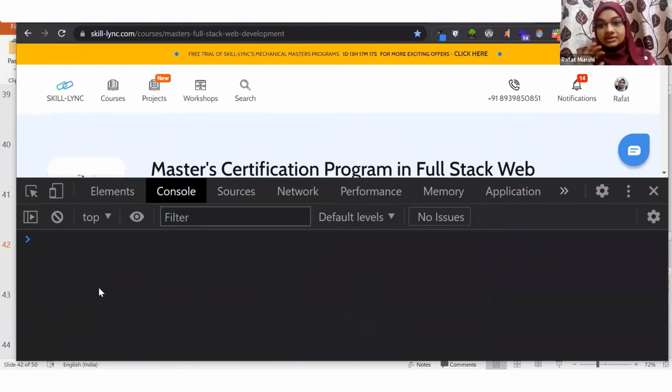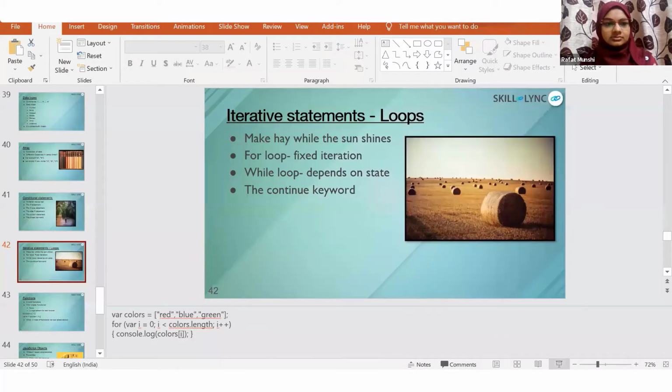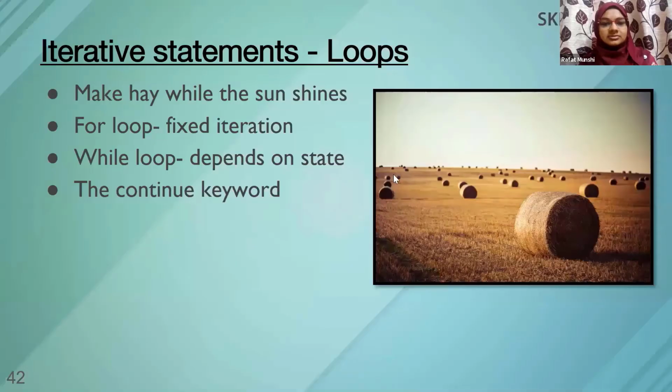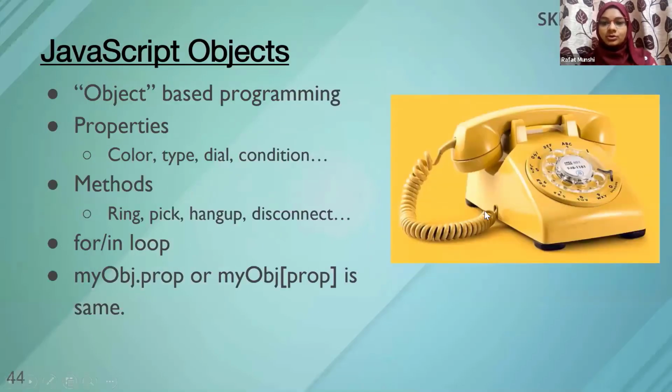Okay. So just like we had arrays, another data type is objects. How would we create objects? Now, can you think about any object around you? Let's consider this yellow telephone which we have. It's a pretty antique object right now, for anybody to own.